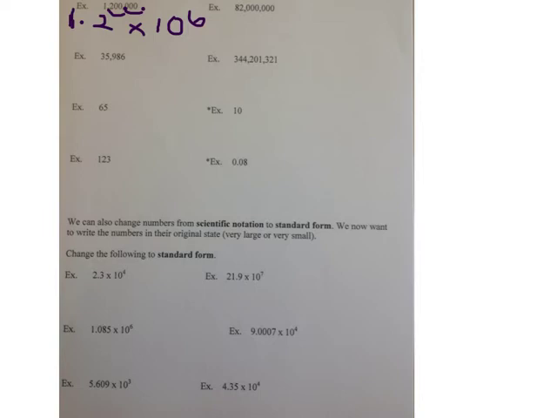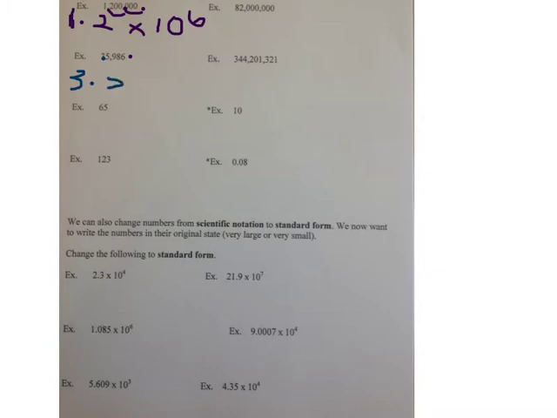Let's take a look at the one below it. 35,986. So where's the decimal point? We don't see it. It's at the end. So now we need to put it someplace so it creates a number between 1 and 10. That would mean that we would want to put it between the 3 and the 5.